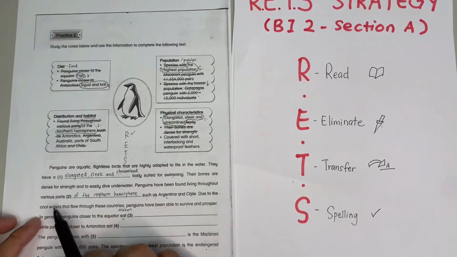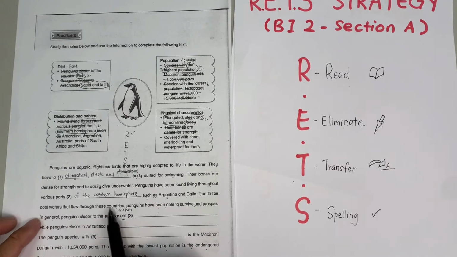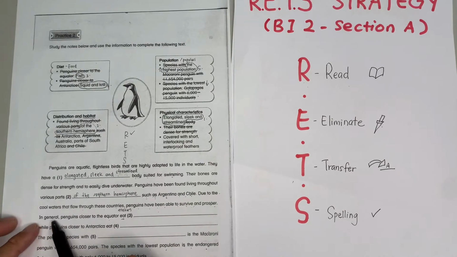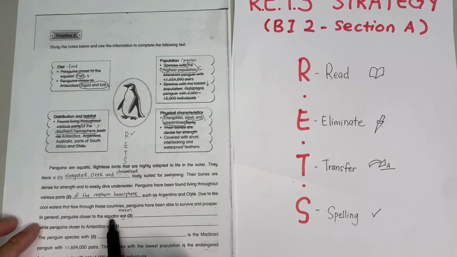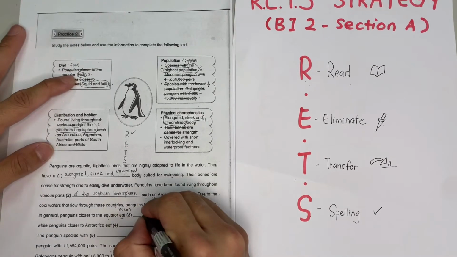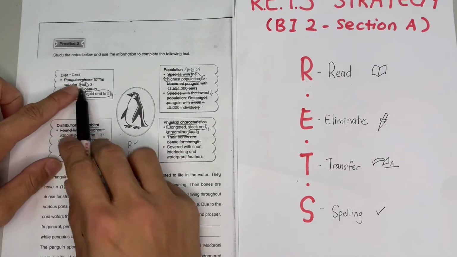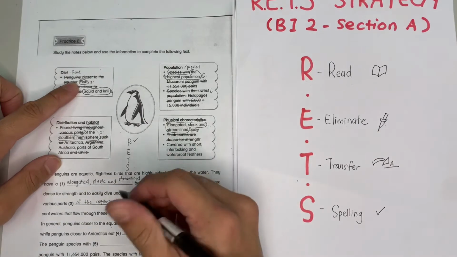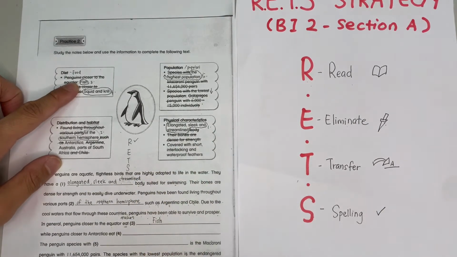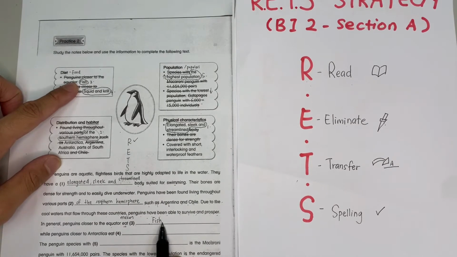Due to the cool waters that flow through these countries, penguins have been able to survive and prosper. In general, penguins closer to the equator eat fish. Okay, I'm going to transfer exactly fish. I may be right, maybe wrong, I'm not sure. Let's check again later.